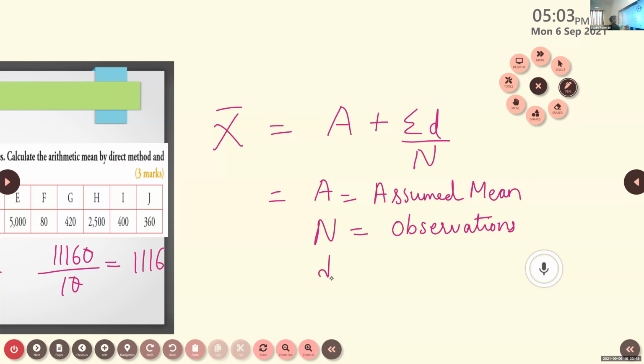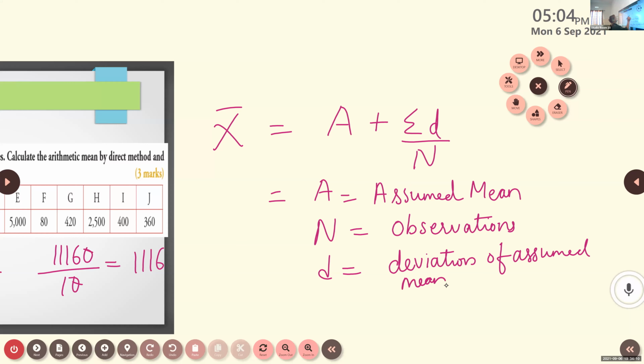Then D is the one which you might not have heard of. That is the deviation of the assumed mean from the individual observation.